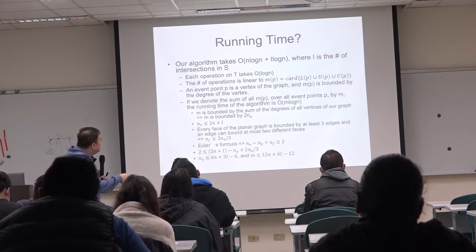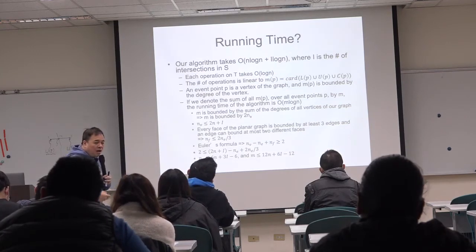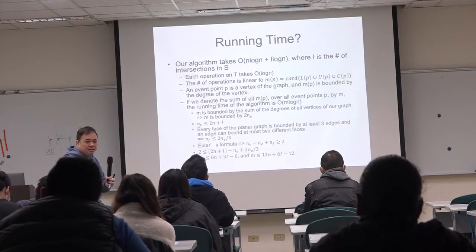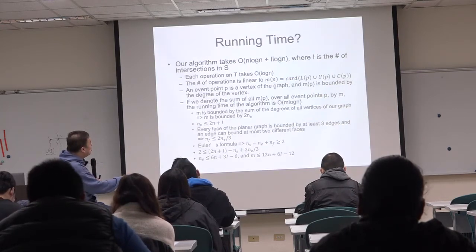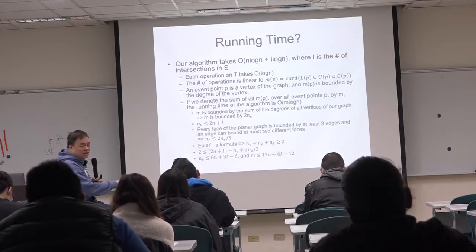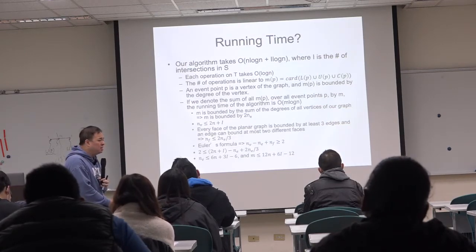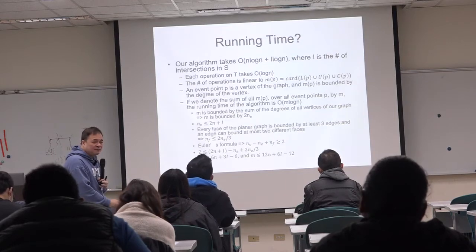So this is big O of n log n plus I log n. Assuming the intersections happen to be quadratic, that's the worst case scenario, the time complexity will be dominated by this term. It'll be n squared log n, which actually is worse than the intuitive algorithm that we discussed in the first place.